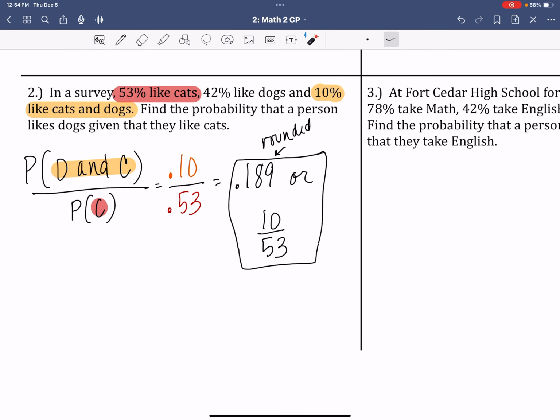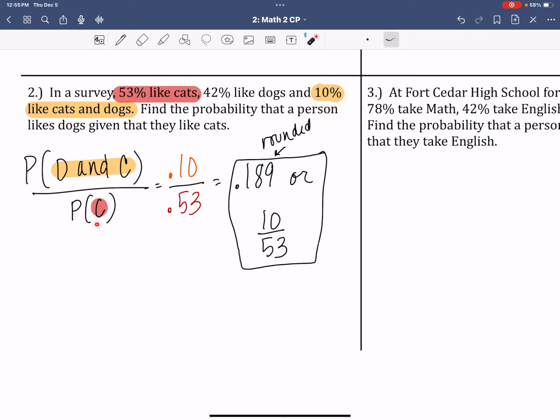In this one, it says in the survey, 53% like cats, 42% like dogs, 10% like cats and dogs. Find the probability that a person likes dogs given that they like cats. So the probability of dogs and cats is the intersection, and then you're going to divide out the probability that they like cats. Given they like both, that's 10%.